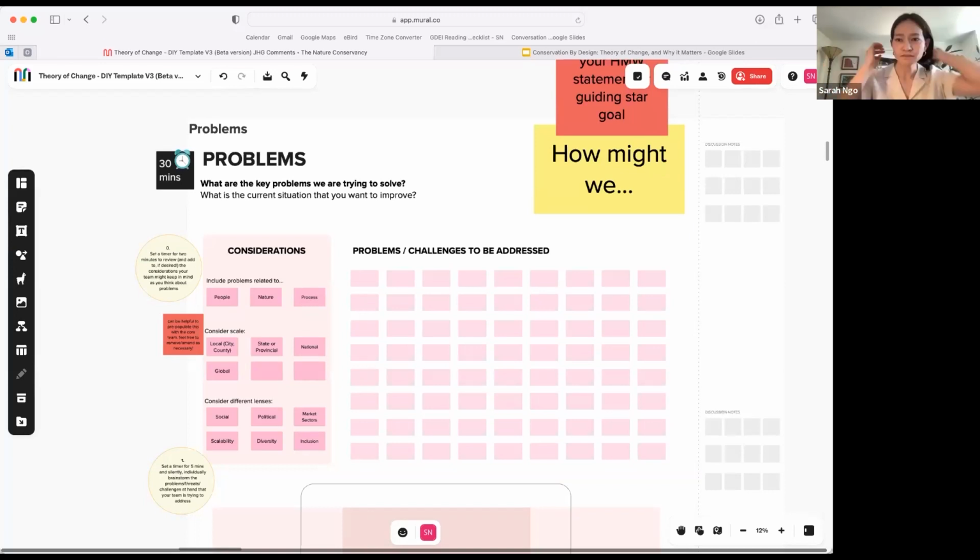And so you end up with something that looks like a tree with roots, where you have a bunch of key roots coming off of the primary interest that are the root causes. And then those flesh out into the next levels of root causes underneath those. And then the same thing on the consequences.